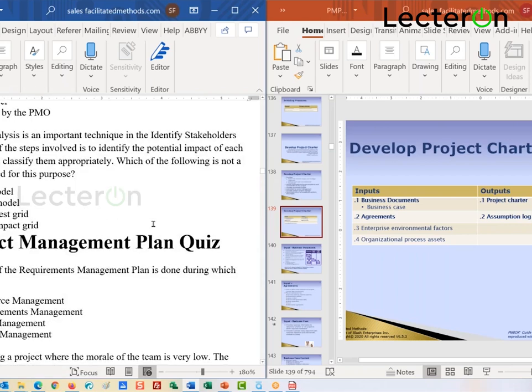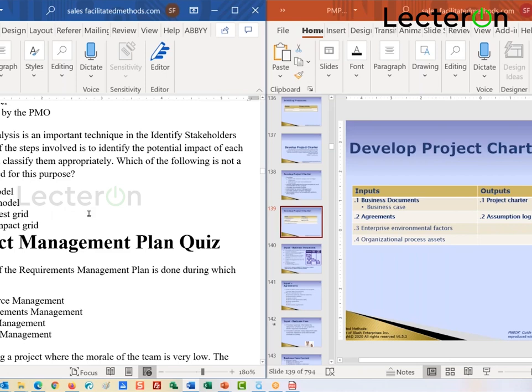Okay, last one. Stakeholder analysis is an important technique. One of the steps involved is to identify the potential impact of each stakeholder and classify them appropriately. Which one is not a valid model for that purpose?